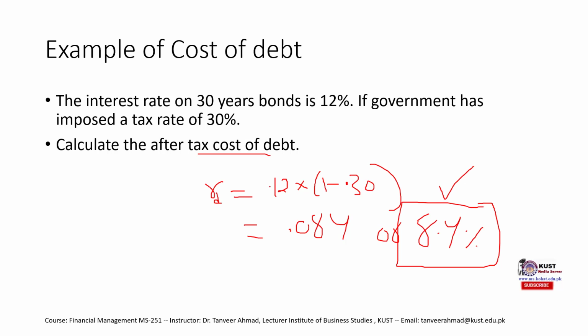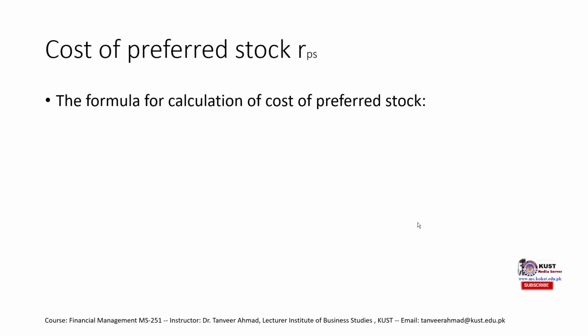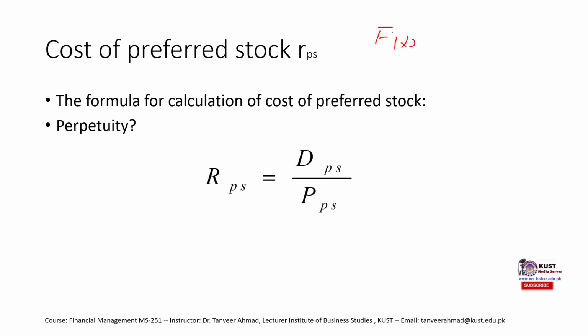Okay. The last component is the preferred stock. Remember, preferred stock or common stocks are perpetuities. This preferred stock is a perpetuity because we get a fixed amount, and because the company is considered a going concern, we expect that it would operate for an infinite time period.